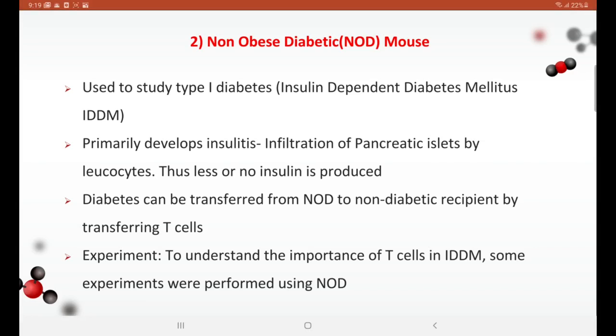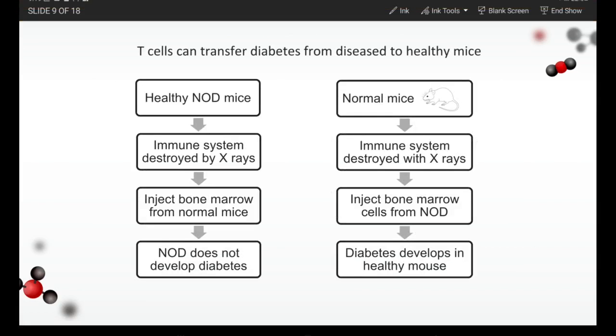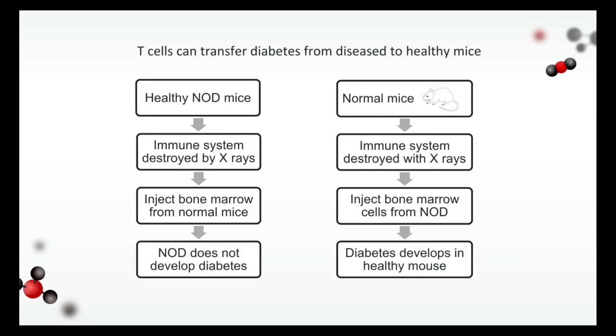In order to understand the importance of T cells in IDDM, some experiments were performed using non-obese diabetic mouse. If you can see the left-hand side flowchart, in experiment number 1, a healthy NOD mice. What is the healthy NOD mice? It is a diabetic mice, but it is still healthy. So a healthy diabetic mice was exposed to X-rays. Due to exposure to X-rays, its immune system was destroyed.